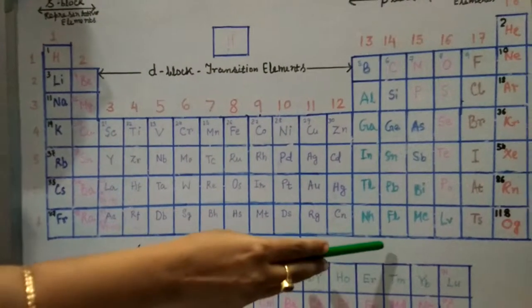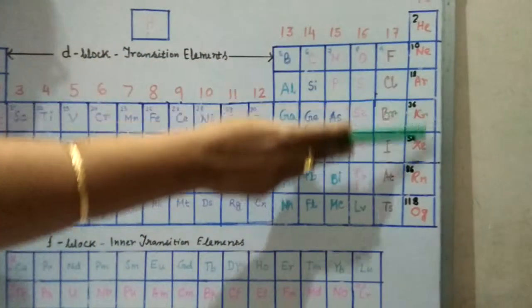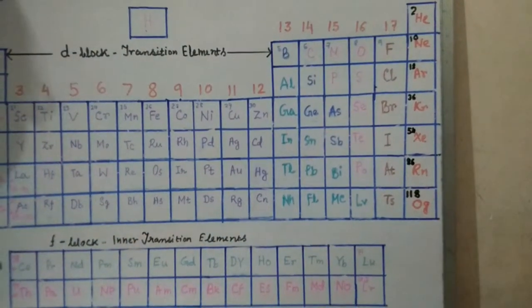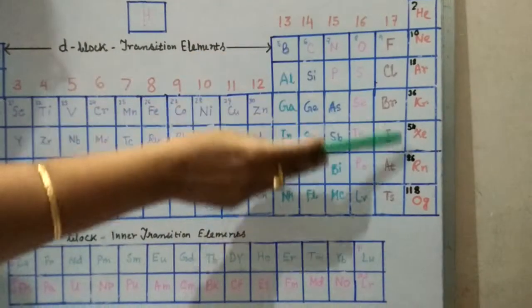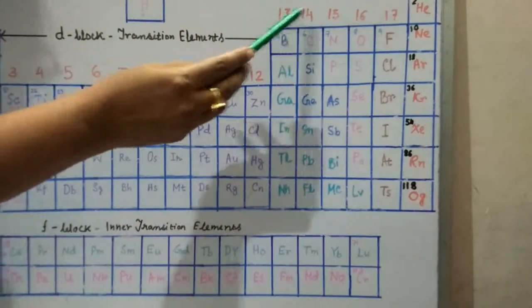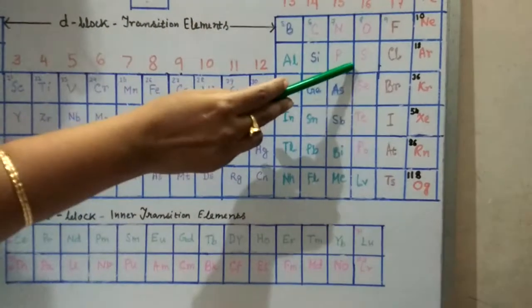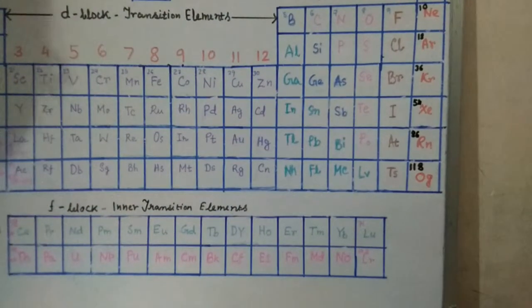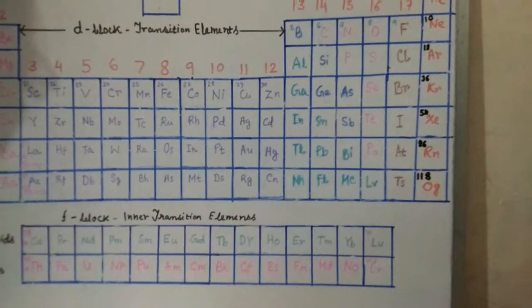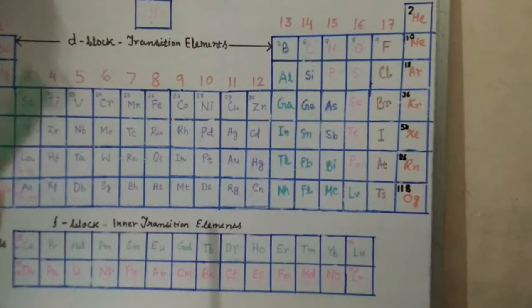Coming to the p block, the elements in group 18 are called noble gases, and in group 17 we have halogens. Other than that, from group 13 to 16 we have some metals, some non-metals, and in between there are some metalloids. Metalloids have properties of both metals and non-metals.